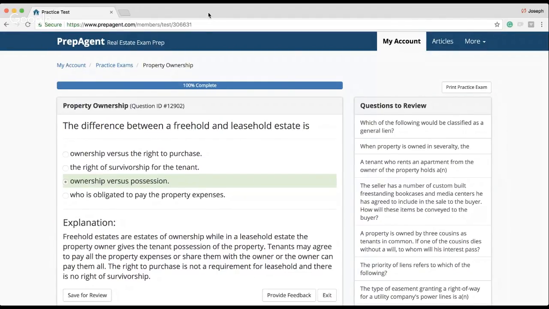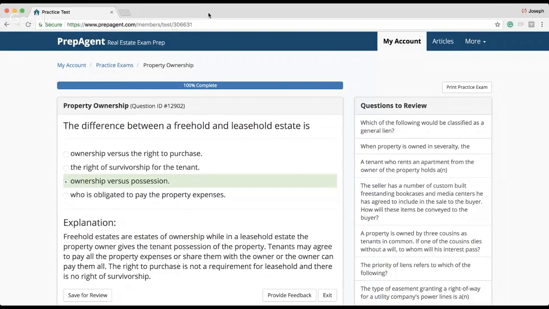Okay, moving right along. Well, before we move right along, can you guys tell me the 4 different types of less than freehold estates that could come up on your exam? What do you guys think?